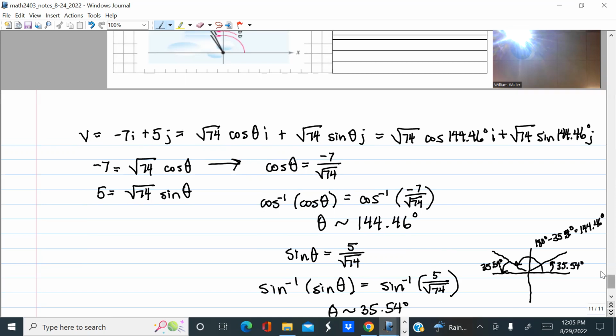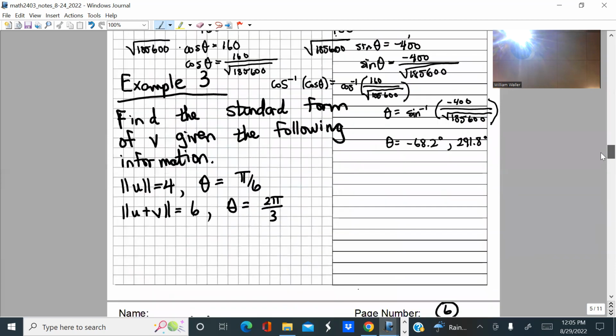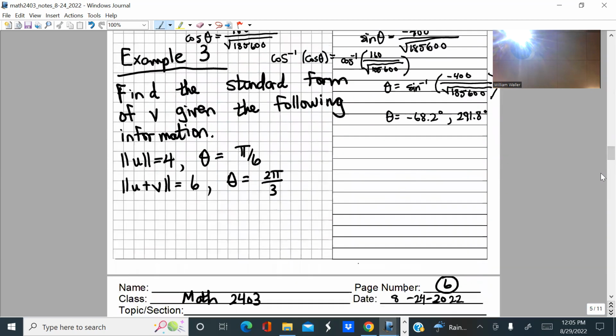Let's see. I think we're going to try that again one more time here, just in a little bit more difficult setting, but really the same problem. So example 3 says, find the standard form of a vector v, but you're just given some information about v. So you're really not given all the information you need here about v.